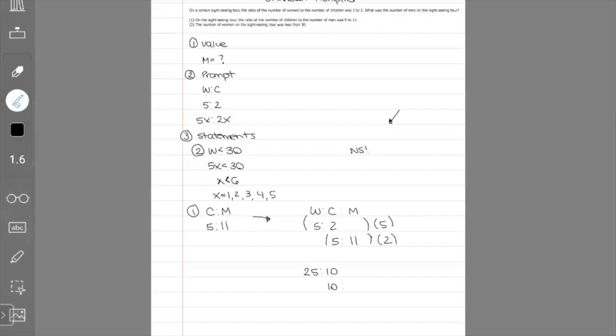The least common multiple of 2 and 5 is going to be 10. So I would have to multiply this one by 5, and this one by 2. That's going to give you 25 to 10, and then 10 to 22. Or wait, did I mess something up?